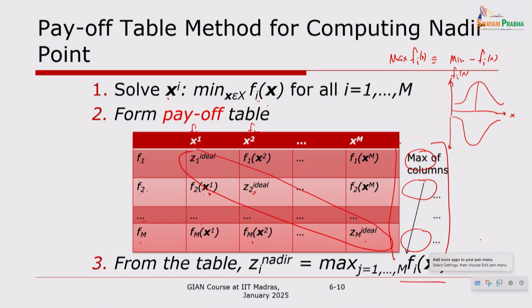The maximum happens here, and the same point is the minimum of this function. So if you minimize minus f(x), you get the same point as maximizing the original function. So convert a maximization problem to a minimization problem by multiplying the objective by -1 and then doing this process.